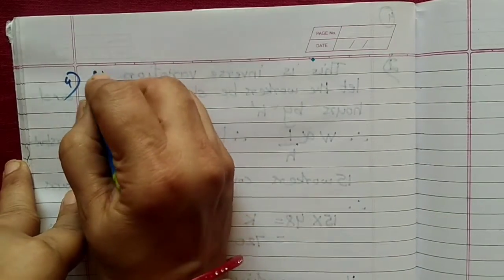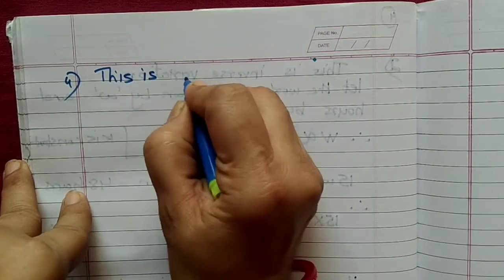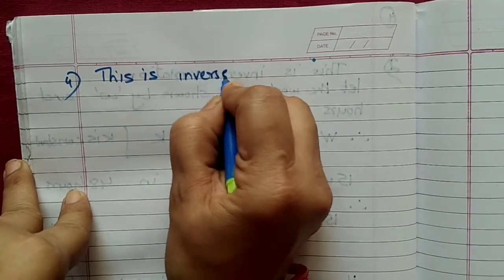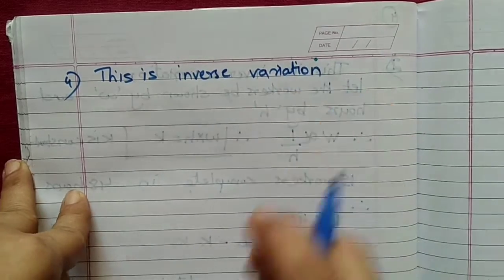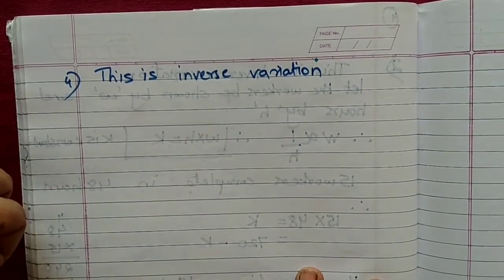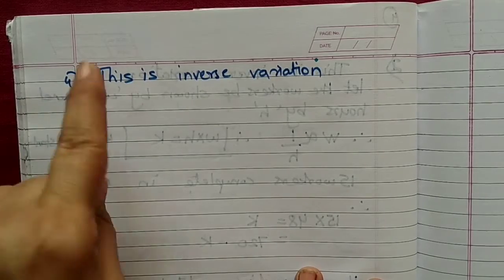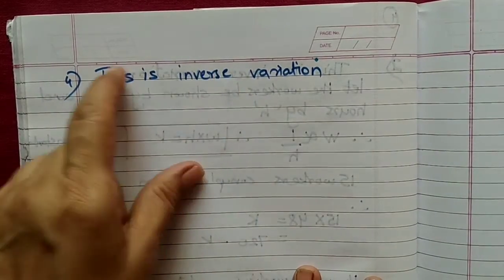So again you will write this is inverse variation. Why do you have to write this? Because in the exam you might get a direct variation sum also, or inverse. So first you always have to mention what type of variation it is.